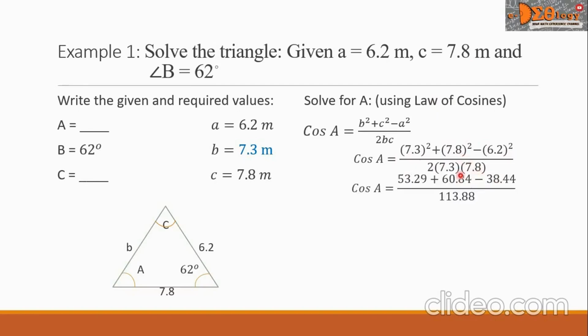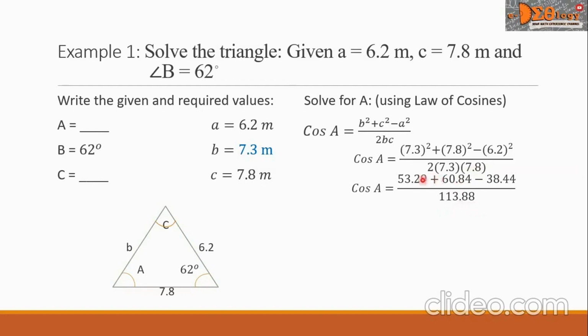Then simplifying further, 7.3 squared is 53.29, plus 7.8 squared is 60.84, minus 6.2 squared is 38.44. Let us get the product of 2 and 7.3 and 7.8, and the product is 113.88.